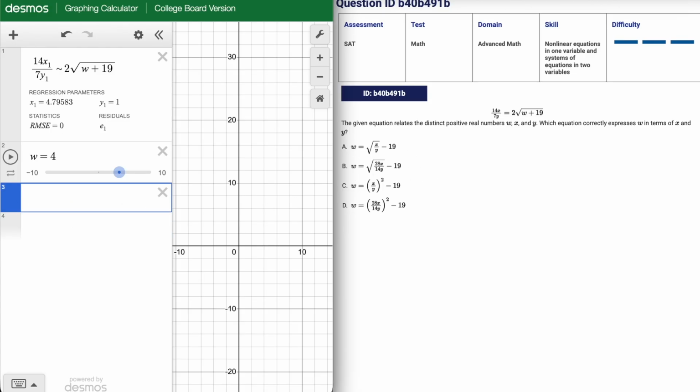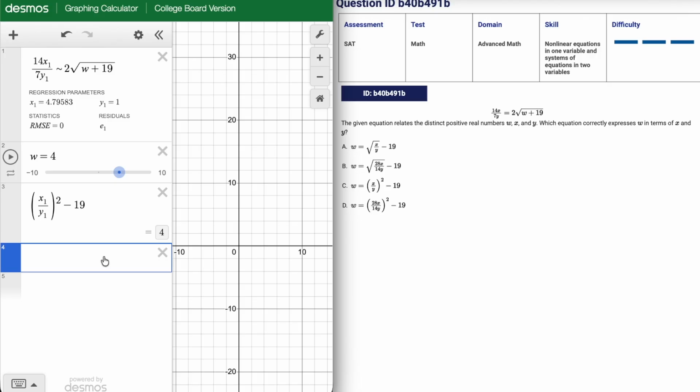Now x, y squared minus 19, x1, y1. That is equal to 4, so our answer here would actually be C. And then just to double check the last one, it would be equal to 73, which is not the correct answer.